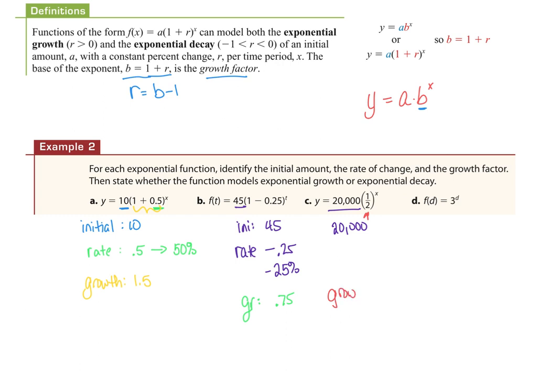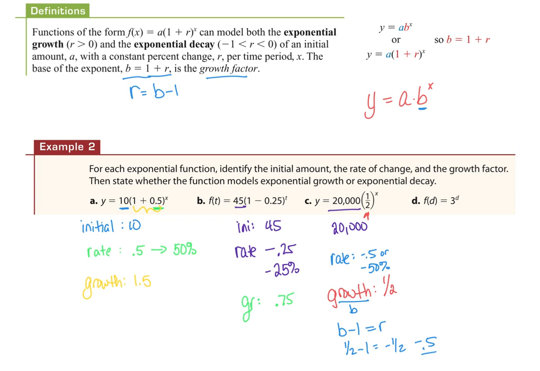So our growth factor is 1/2. To find my rate, this represents my B, so B minus 1 will equal my rate. So if I subtract 1 from that B, then I know my rate is negative 1/2 or negative 0.5. So my rate here is negative 0.5 or negative 50% if I wrote it in percentages.